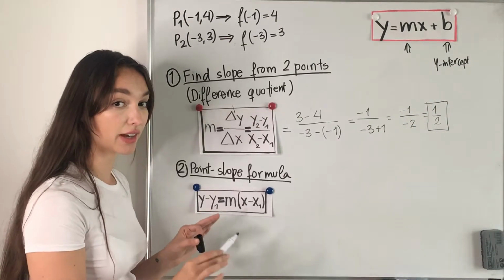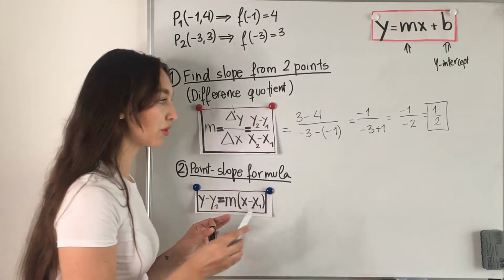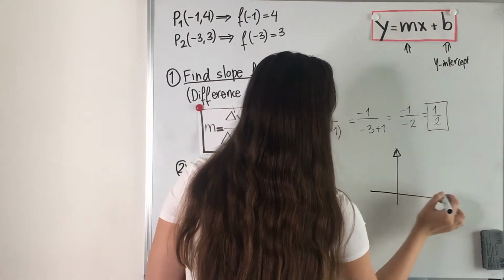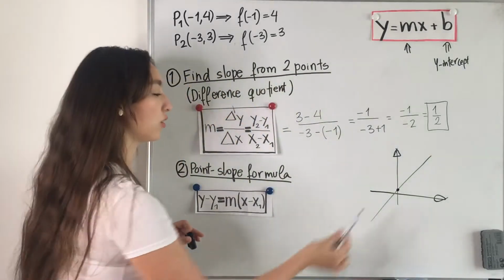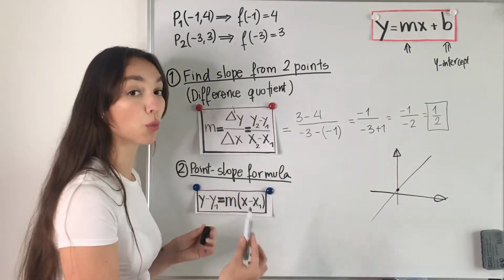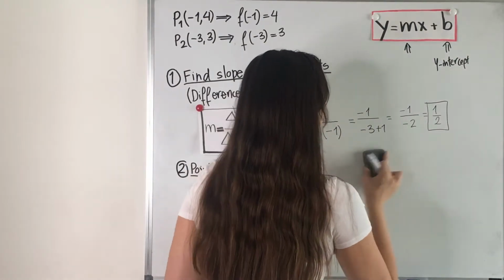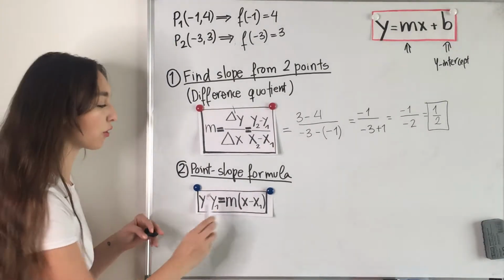And that is the value of our function when x equals 0. So it is the value of our linear function where it crosses the y-axis. And we need to calculate that as well. So for that, we're going to use the point slope formula.